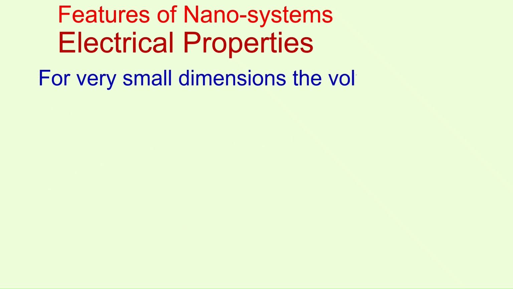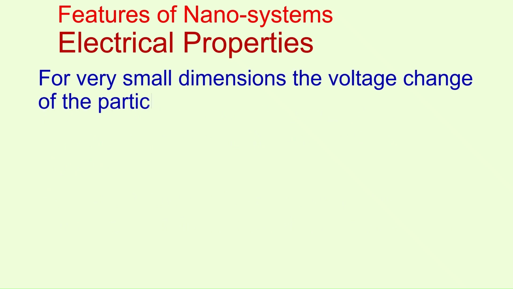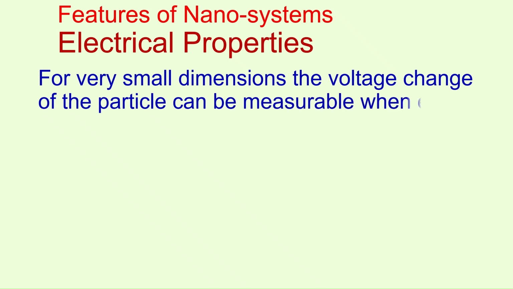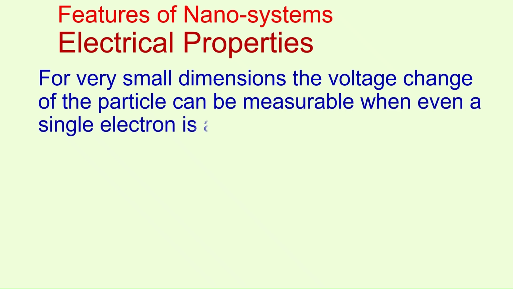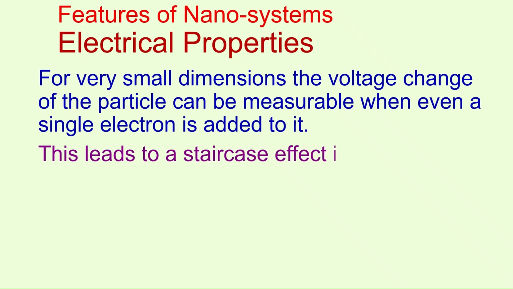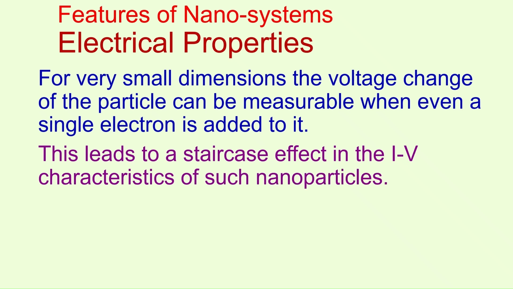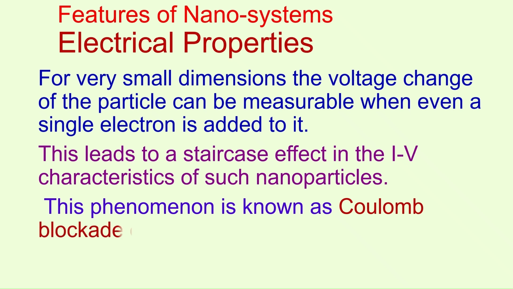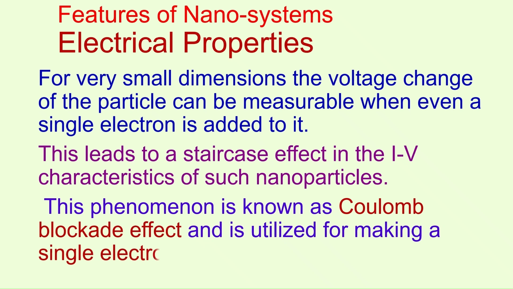For very small dimensions, the voltage change of the particle can be measurable when even a single electron is added to it. This leads to a staircase effect in the I-V, current-voltage, characteristics of such nanoparticles. This phenomenon is known as the Coulomb blockade effect and is utilized for making a single electron transistor, SET.